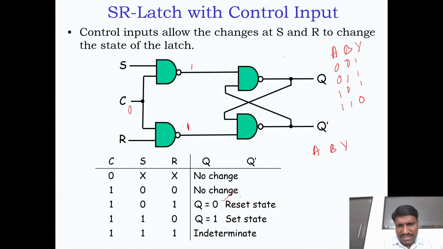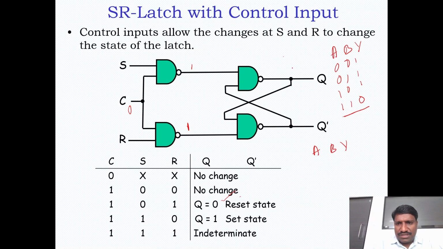What is this latch, what is this circuit? And when one of the inputs is 1, we need to look into it. When both the inputs are 1, what is going to happen?